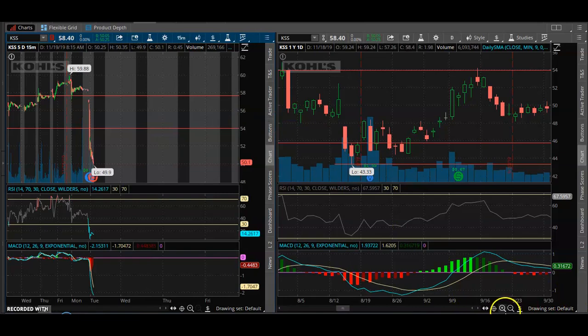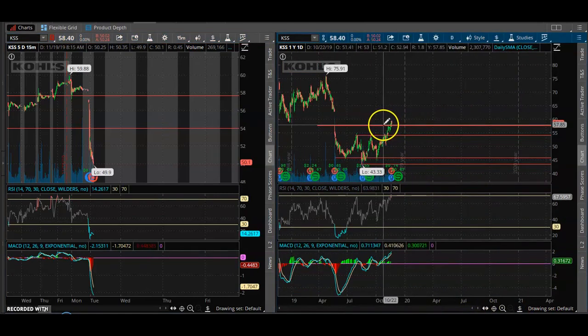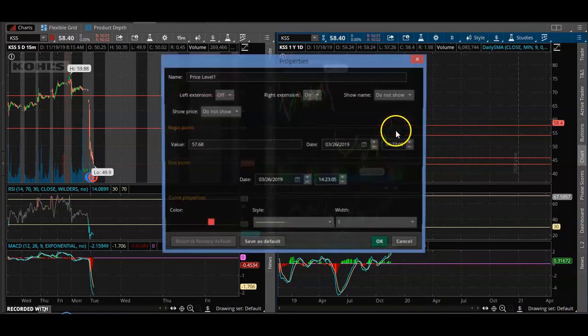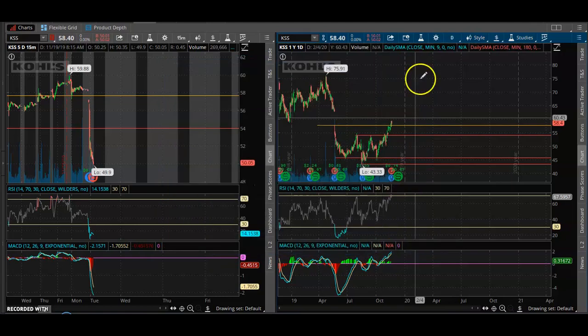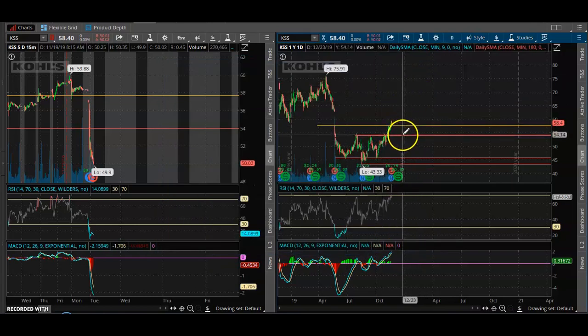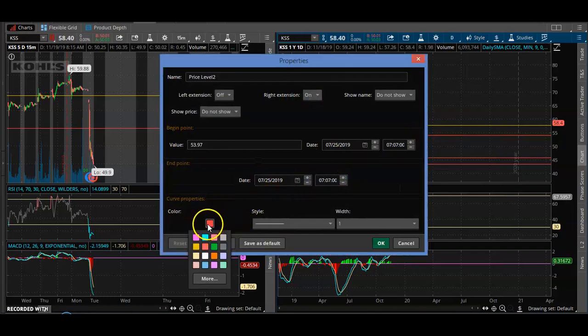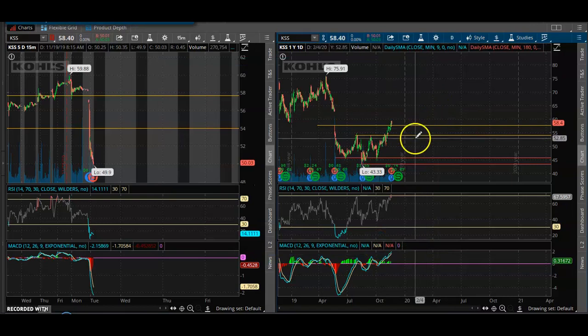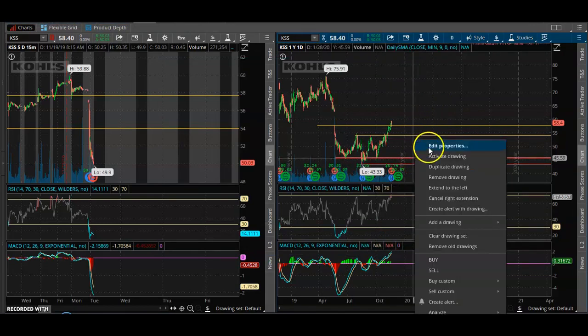So before I do that, this might help some people, but the year levels that I drew, I put them in gold. So when I'm looking at the chart intraday, when it breaks through or is getting close to this level of resistance or support, I know it's a major, very important key level, right?